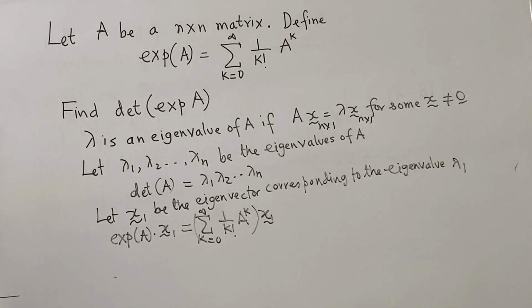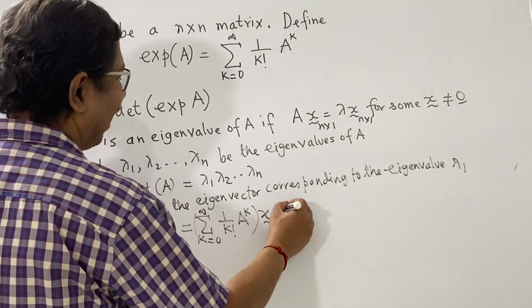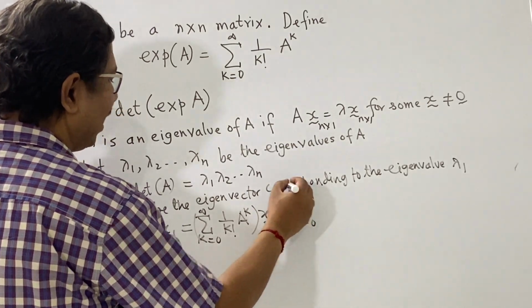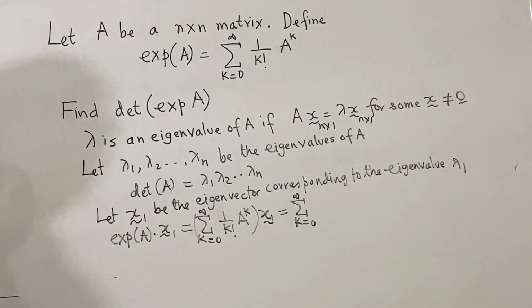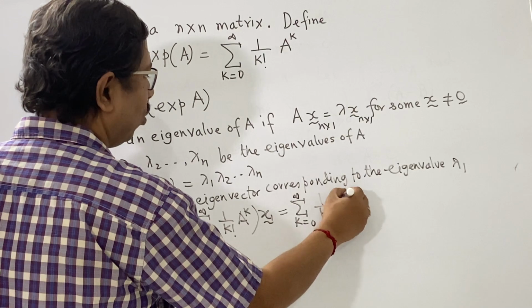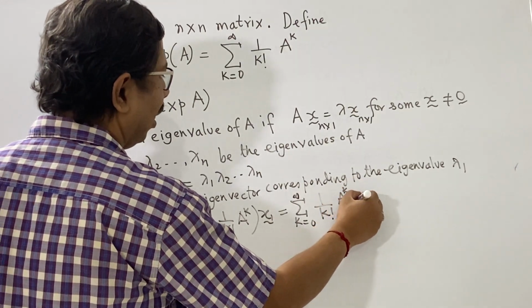Now, multiplying term by term, assuming all the convergence conditions are met, which are met in this case, though I am not proving it here, we have 1 by k factorial, A^k into x1.